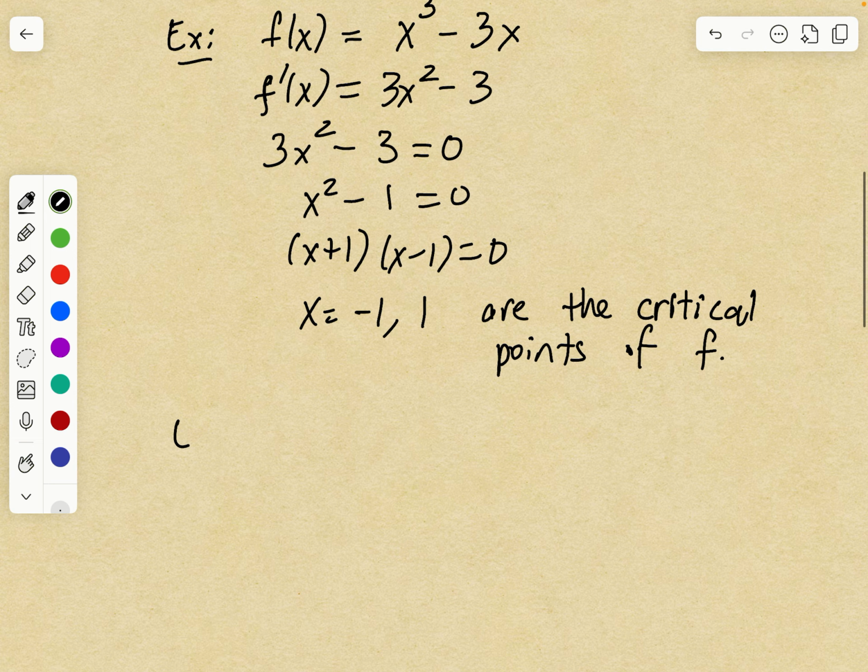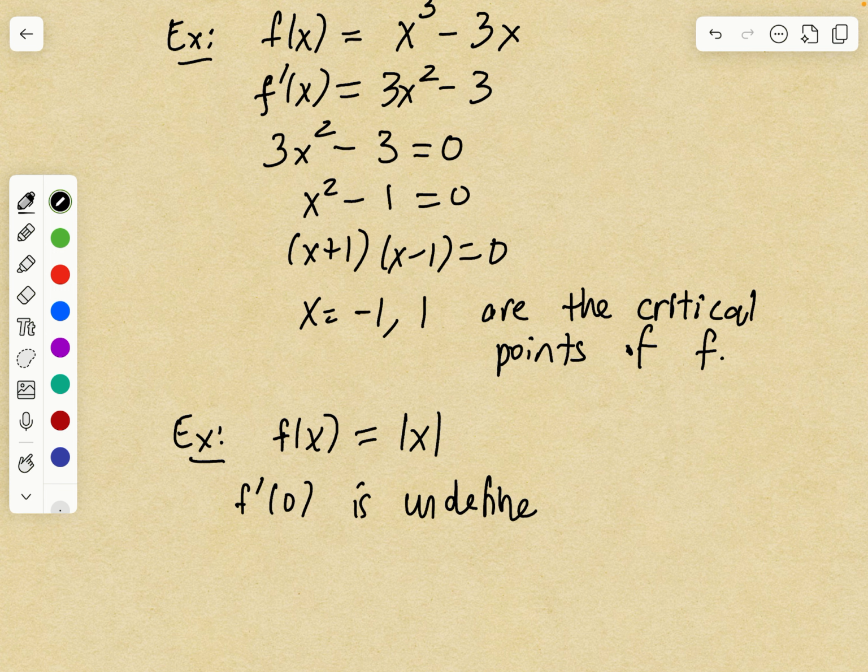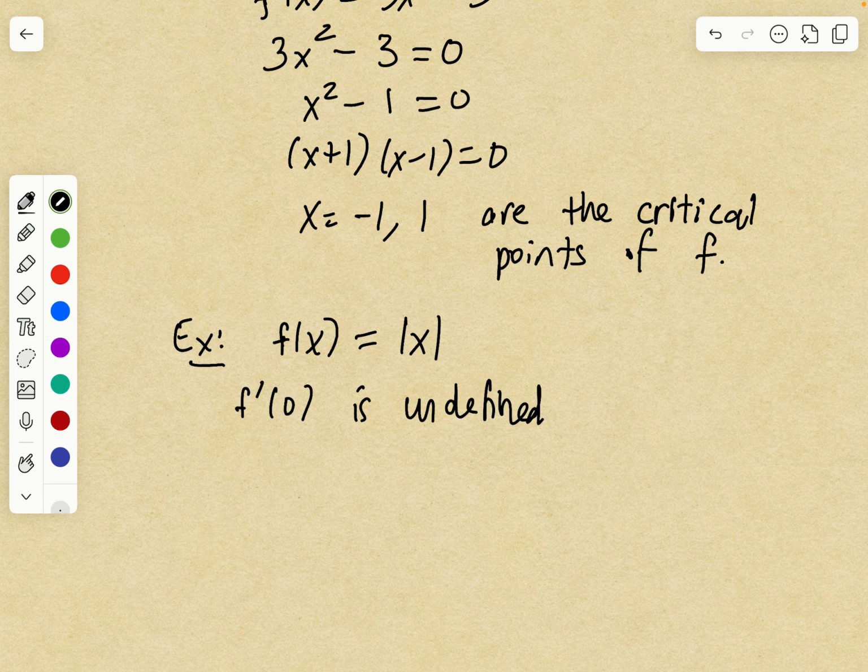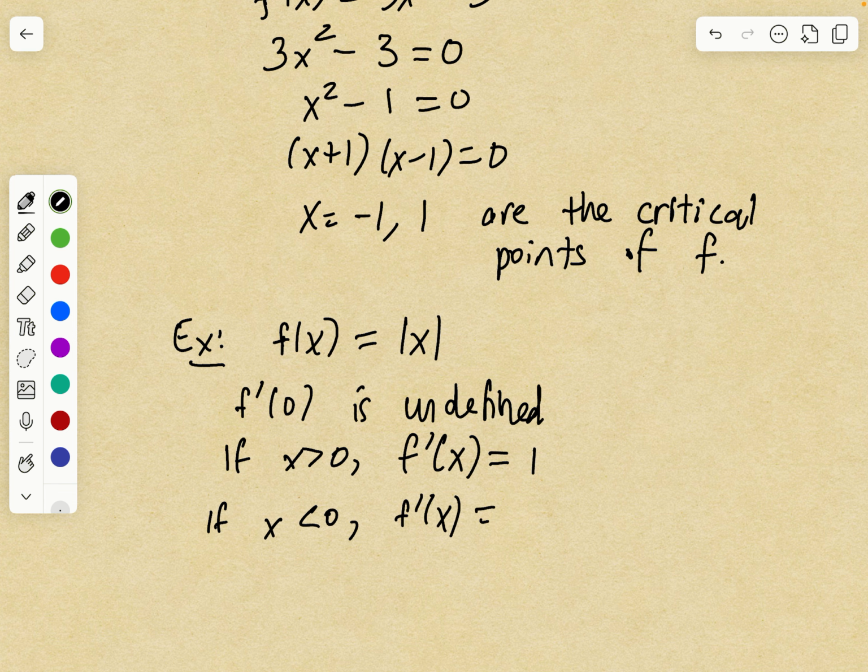And you could have something where the derivative is undefined. So for instance, if you have f of x equals the absolute value of x, then f prime of 0 is undefined, but everywhere else, if x is positive, f prime of x is just the derivative of x, which is 1, and if x is negative, f of x is just negative x, and so f prime of x is negative 1.